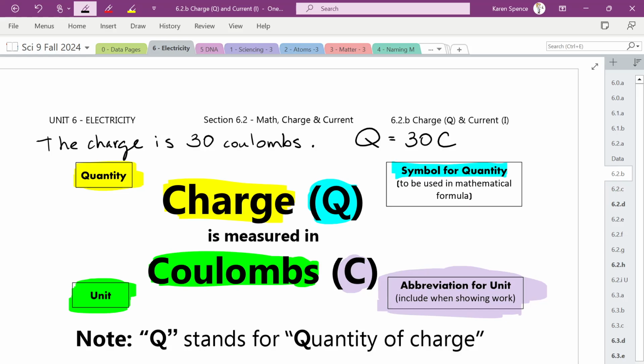Okay? And if you're like, why the heck is it Q? Q stands for the quantity of the charge. How much charge?